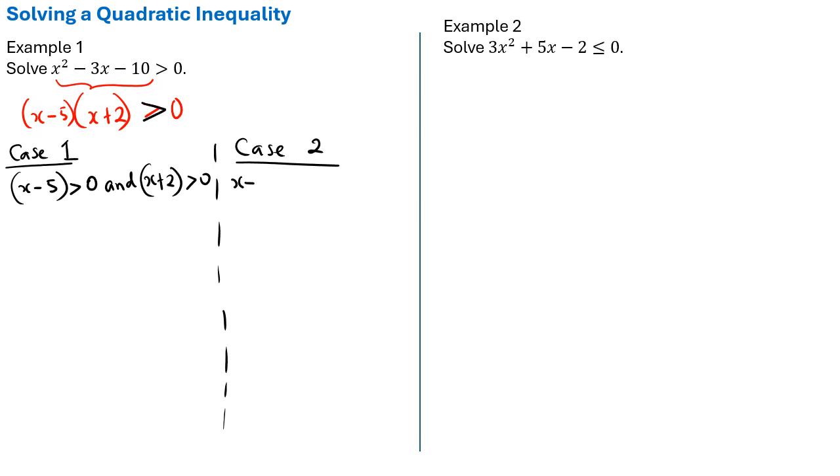So it will be x minus 5 is less than 0, and x plus 2 is also less than 0. This is from the understanding that positive multiplied with positive equals positive, and negative multiplied with negative equals positive.